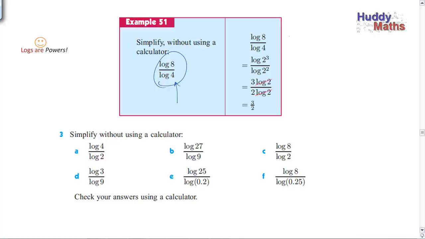So what are we going to do? We're going to have to break it down. Log of 8 is the log of 2 cubed. Log of 4 is the log of 2 squared. And then we can say, well, if you're finding the log of a power of a number, it's 3 times the log of 2. And here it's 2 times the log of 2. And you cancel out the log of 2 and get 3 over 2.